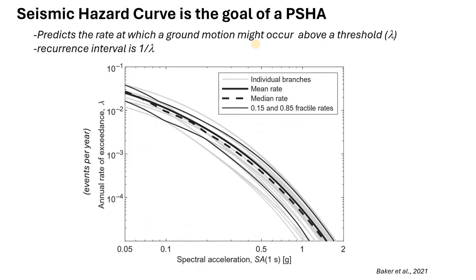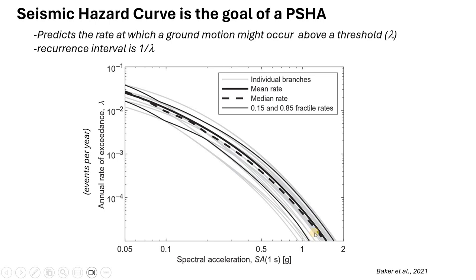So the goal of a probabilistic seismic hazard analysis is to come up with what's called a seismic hazard curve. This is the product of a lot of different steps that we're going to be learning about in a few different videos. But it essentially plots ground motion, in this case spectral acceleration at a period of 1 second, versus the annual rate of exceedance of that level of ground motion. So how many times per year do we expect to have an event that's going to be at or exceed some acceleration value?